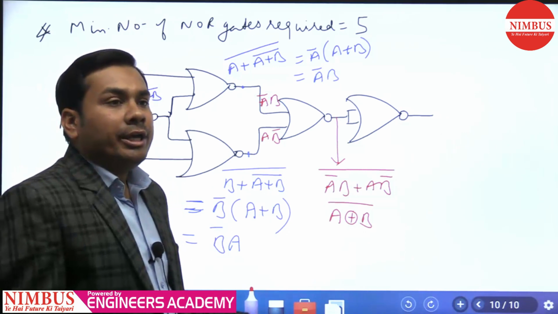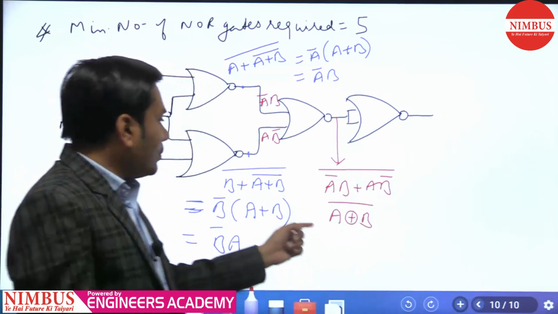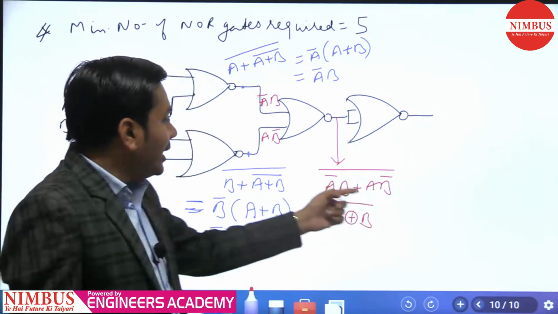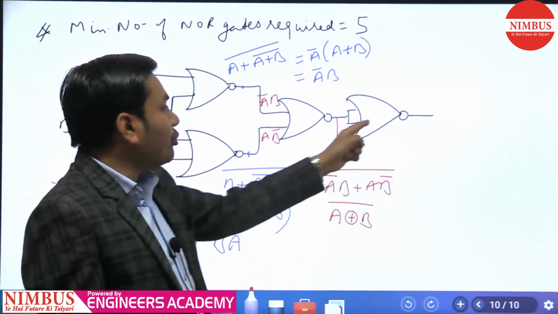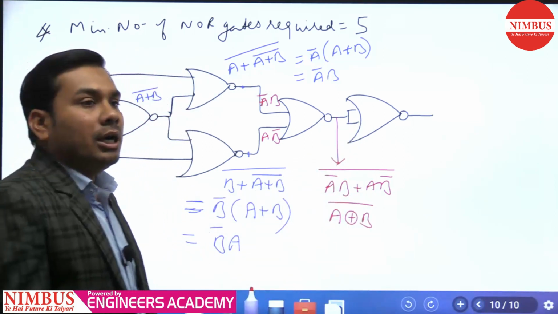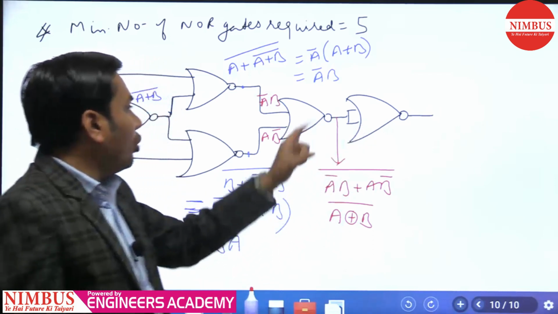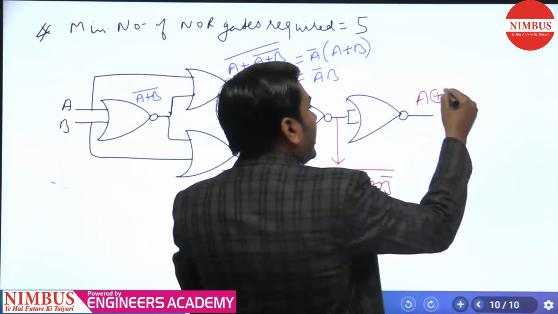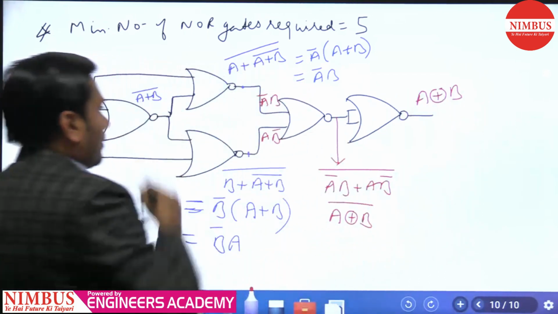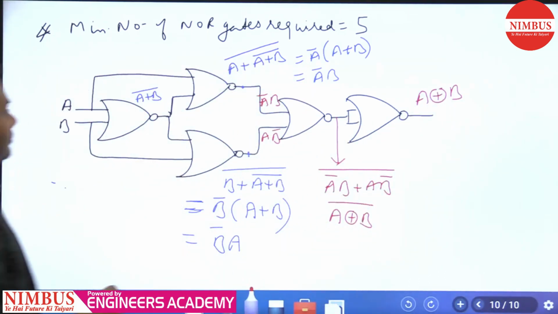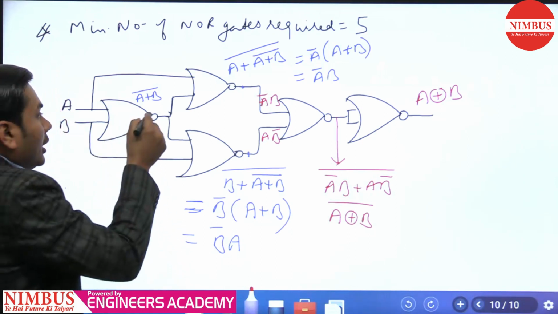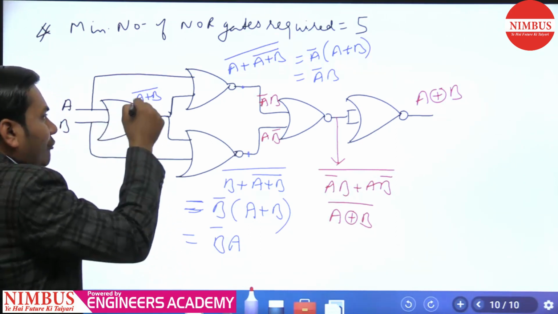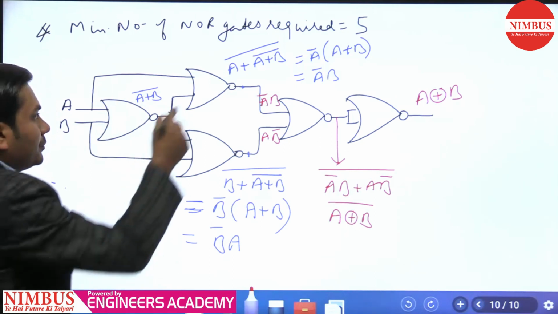So if we want to achieve the A XOR B, we perform another NOR gate. So at this point we are getting A XOR B. Again for this NOR we are having A plus B whole bar.